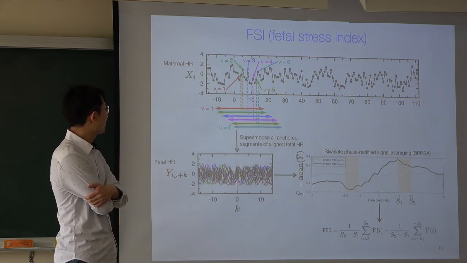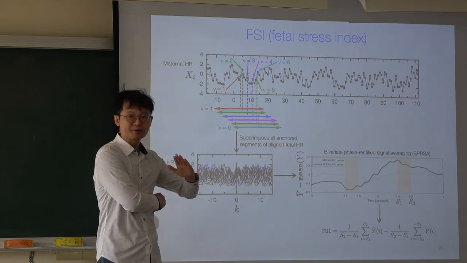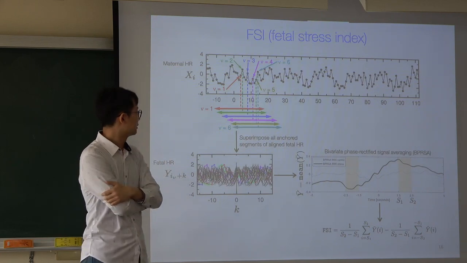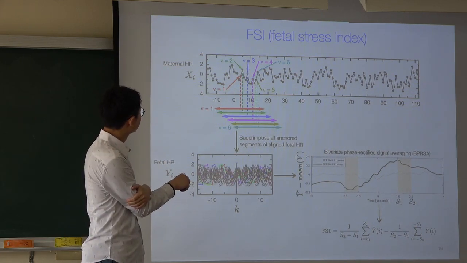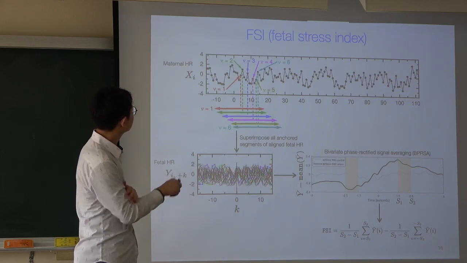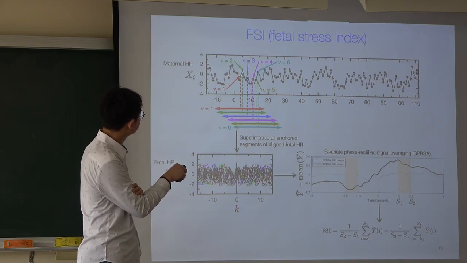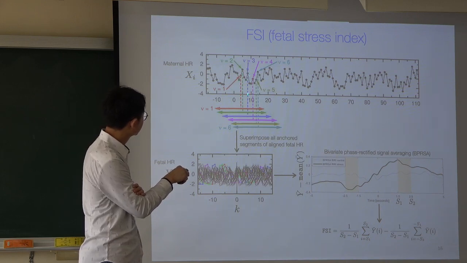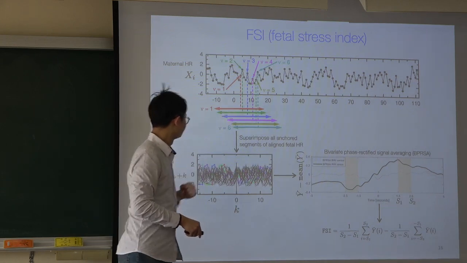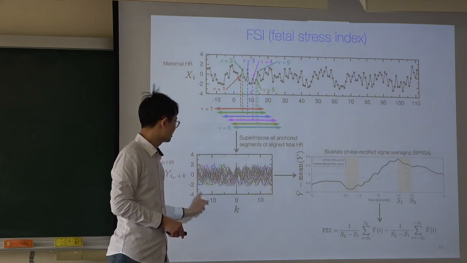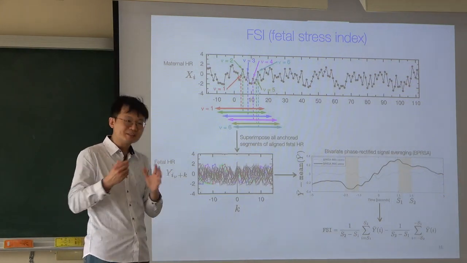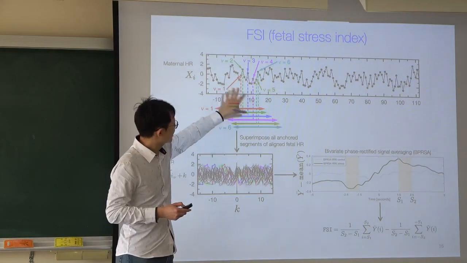What do we mean by anchors? If the heart rate increases, then it is an anchor point. Then you collect all segments with the increased heart rate. For example, this one is increased, this one is increased, this one is increased. So you collect all these segments of some width, and you get a collection of very, very noisy and strange-looking segments of heart rate.